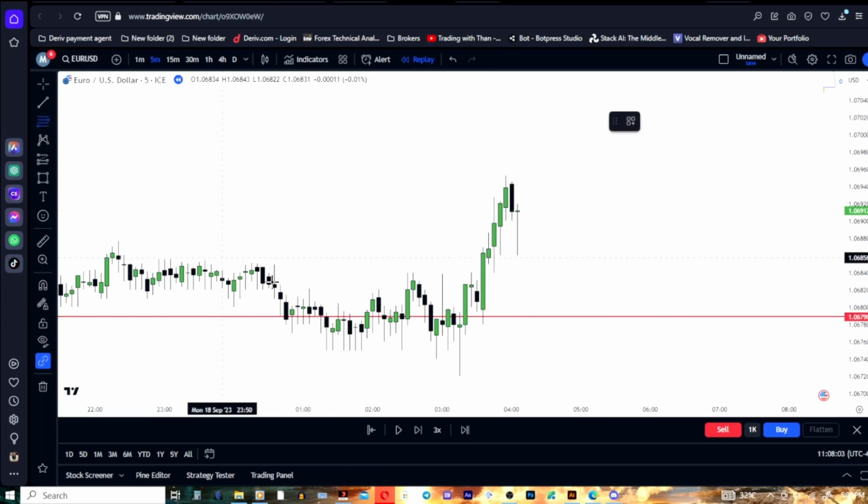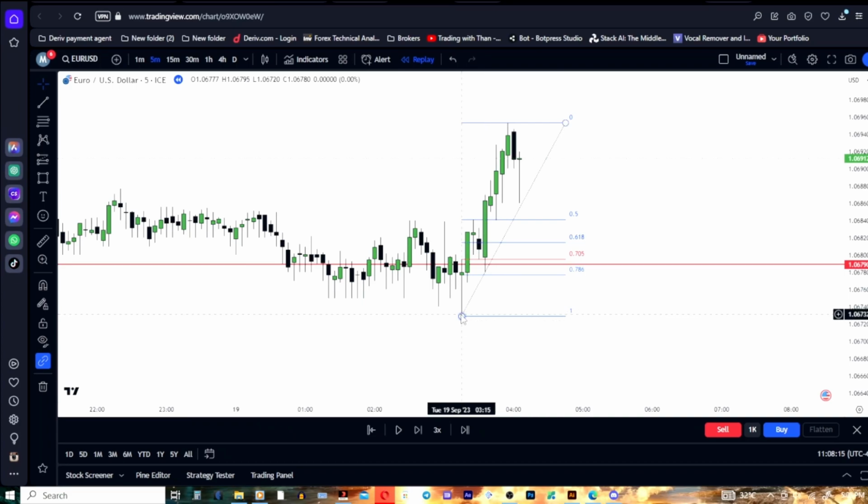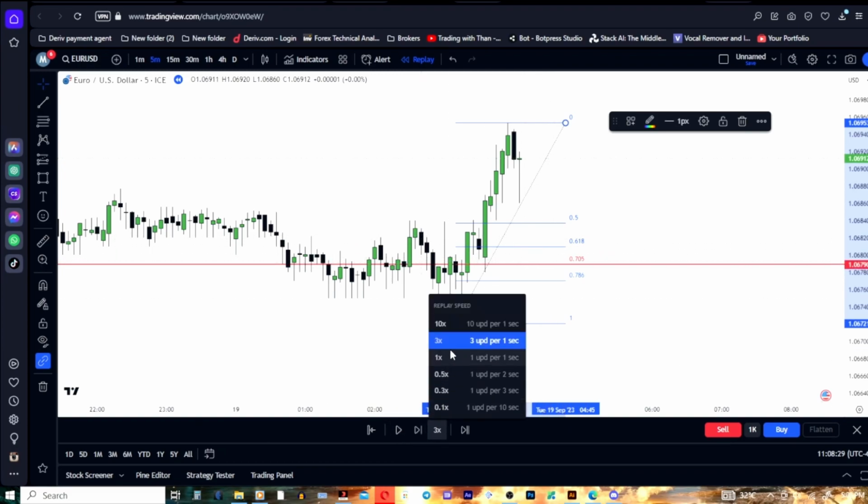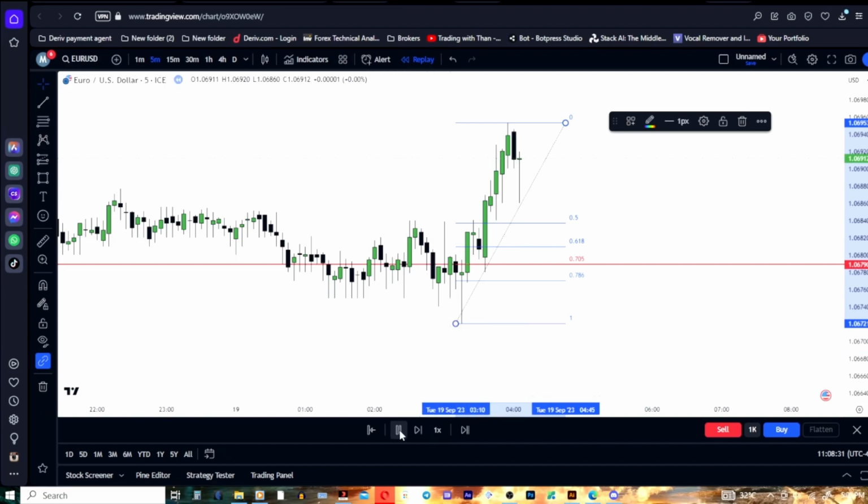So what we do is take the Fibonacci retracement tool and we pull it from that low to that high. Make sure that it's right on the wick. And what we expect is for price to come back to this area, which is discount. So let's let the video play. Let's see how it goes.